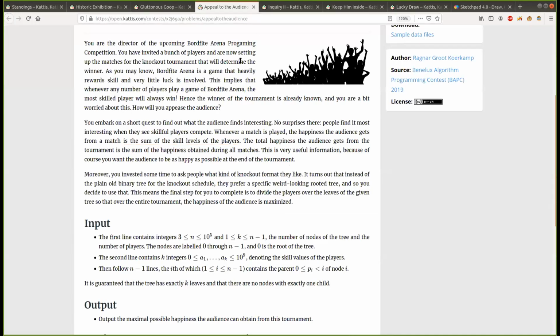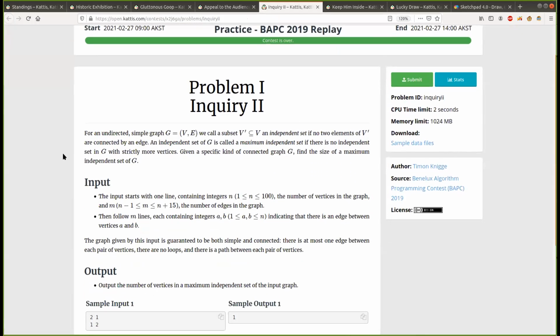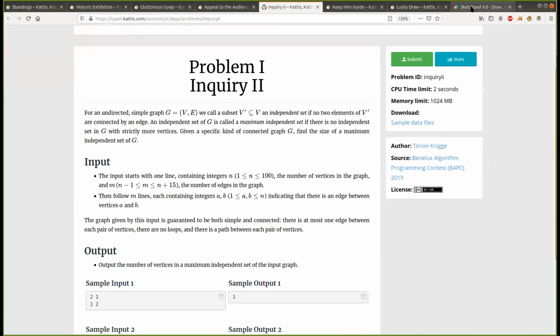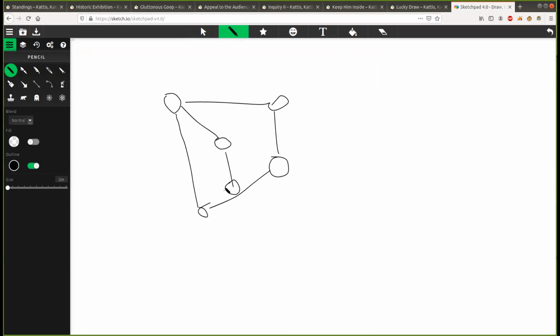Cool. So that's A, and then I think I is fun. So in a graph, an independent set would be a set of nodes where no two of the nodes in the set are connected by an edge.